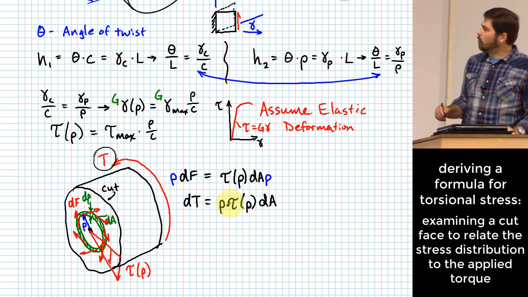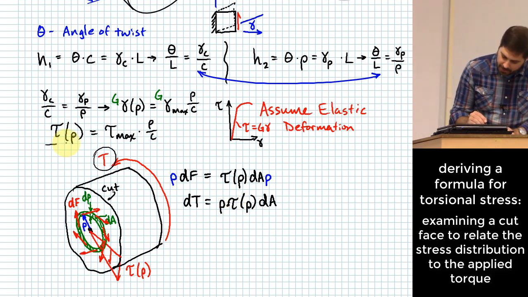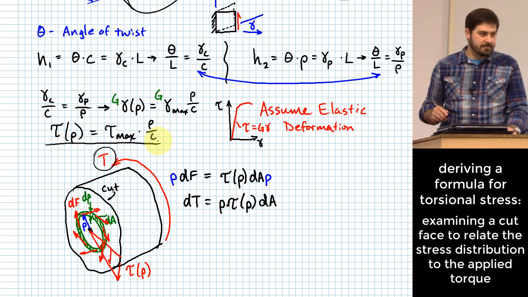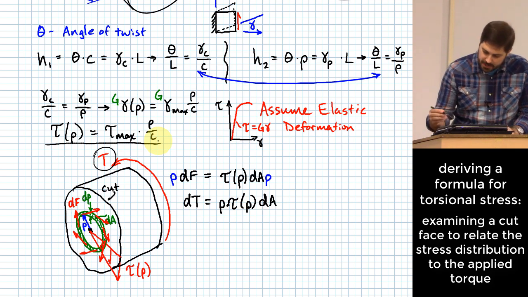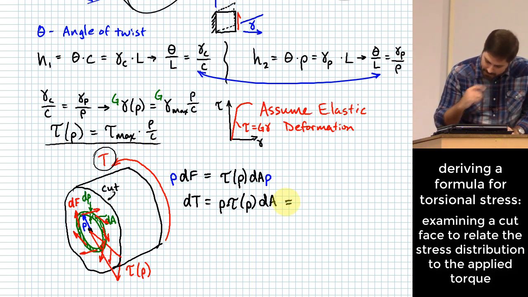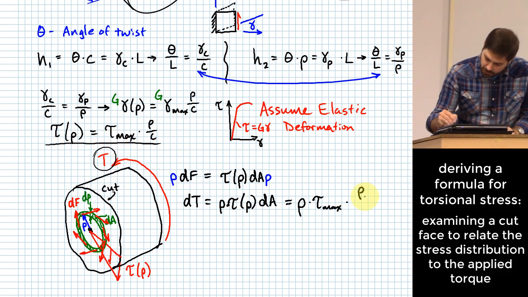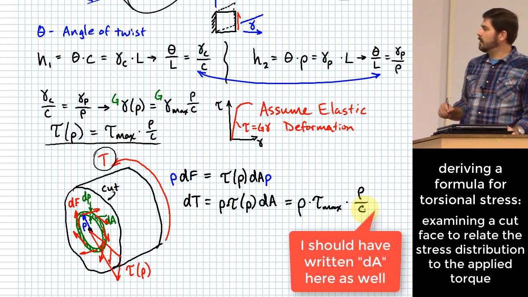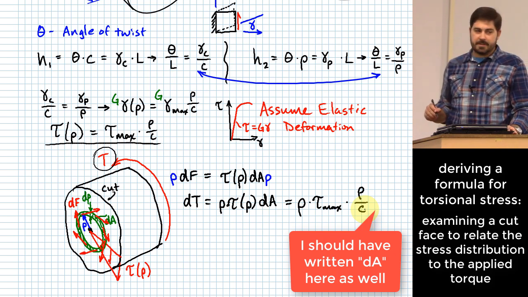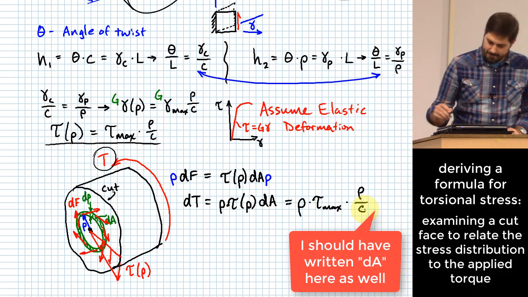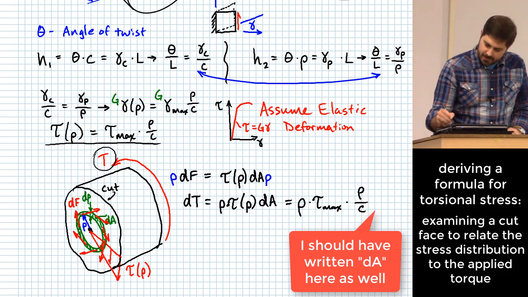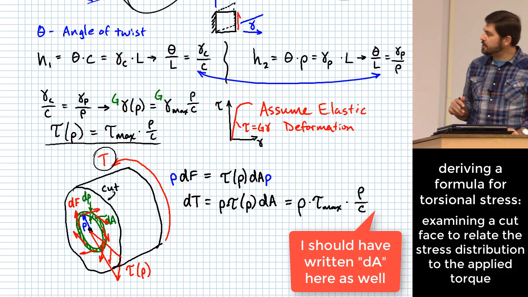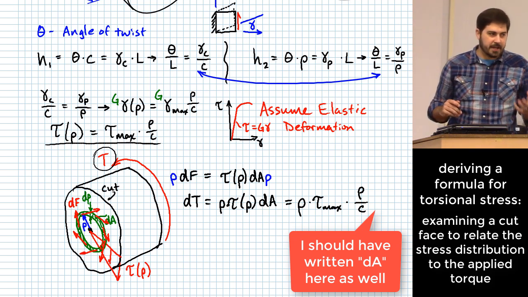Okay? Furthermore, I can do better in terms of my tau as a function of rho. I can substitute that into my equation here, and what it ends up giving me is rho times tau max, right, times rho over c. Now, what do you think I'm planning on doing with it? Okay, the whole point of setting up my differentials here is so that I can integrate them.